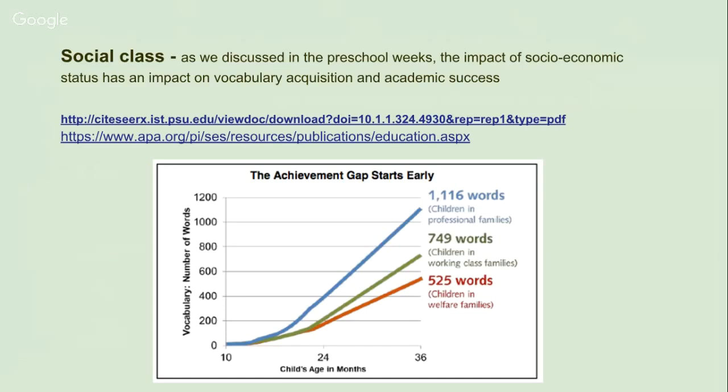So that's just in the words that they say. What we know is their actual exposure to words is in the tens of thousands, that their just exposure to the quantity of words is extremely different based off of social class.